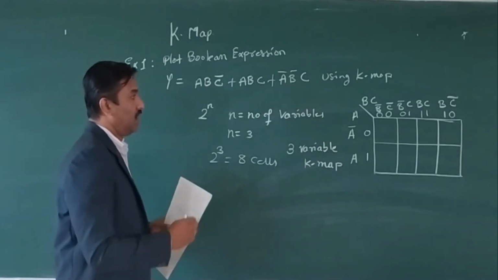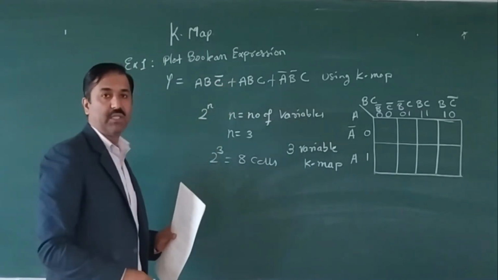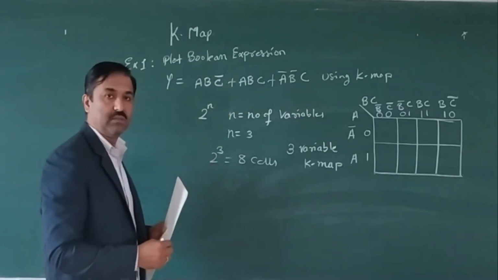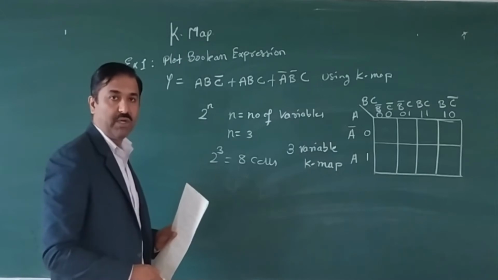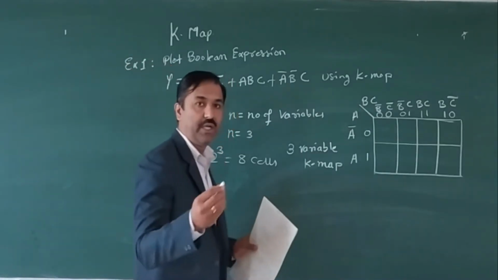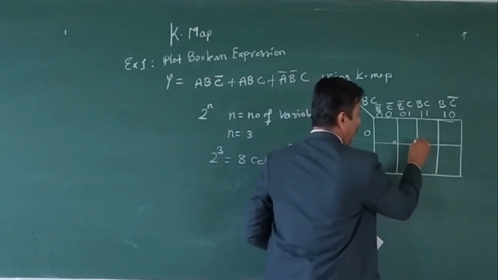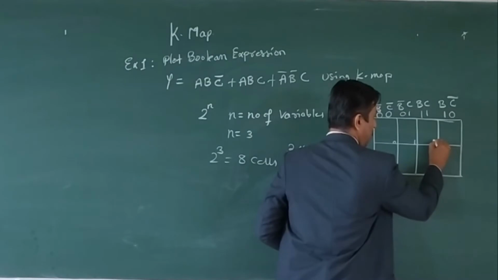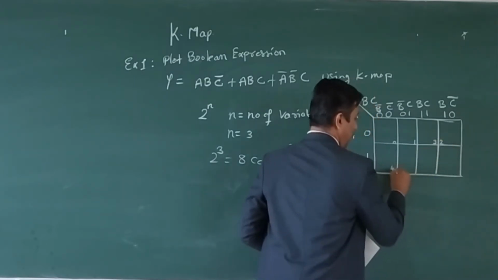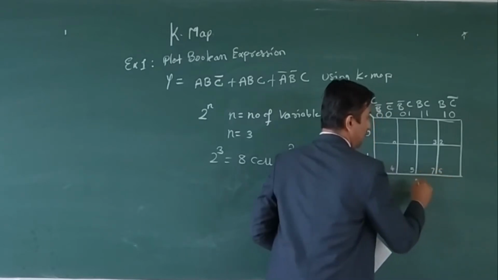Now the first procedure says that whichever terms are present in the given expression, I need to put ones into those particular cells. First, I need to name those cells: 0, 1, 2, 3, 4, 5, 6 and 7.